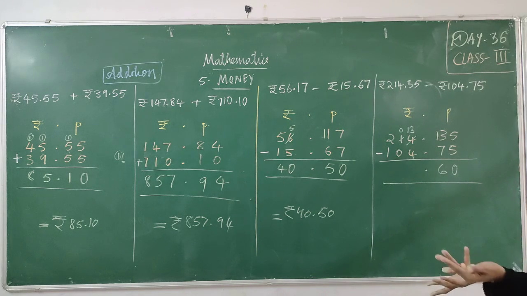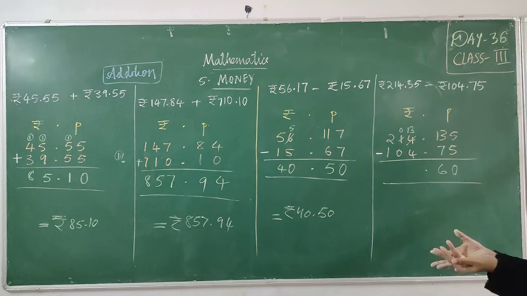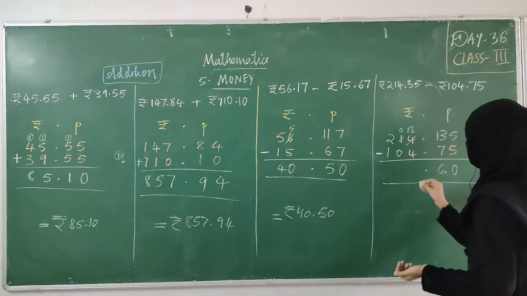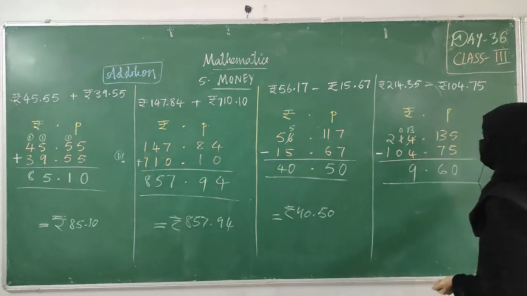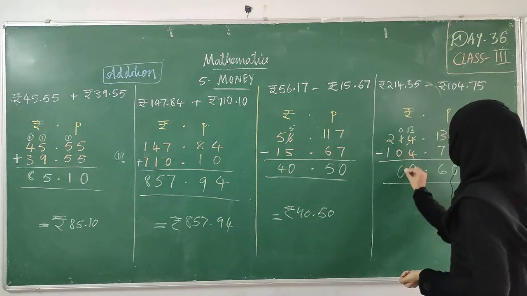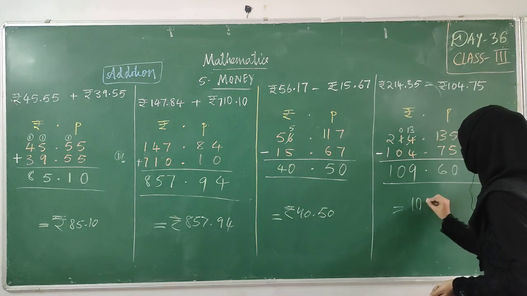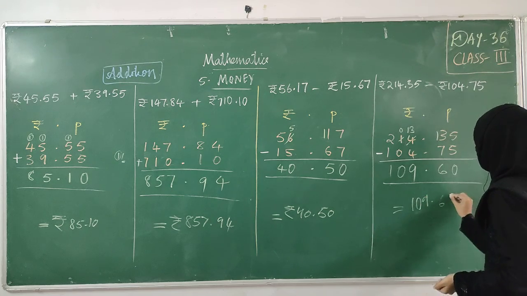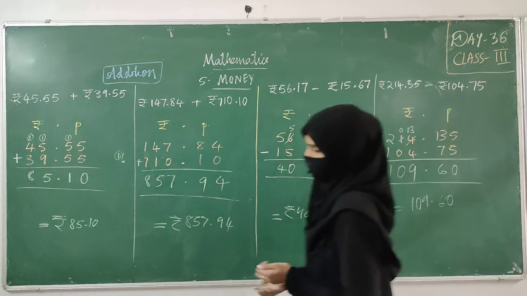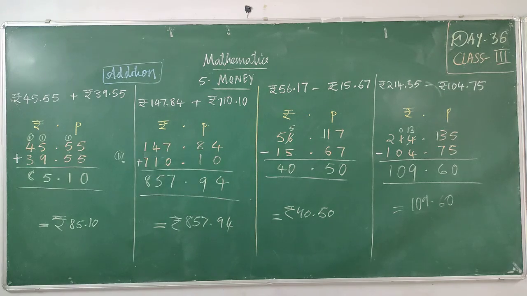I'm holding chalk, that's why it's very difficult to take out the fingers. So the number is 9. Now, 0 minus 0, 0. 2 minus 1 will be 1. So your amount after subtraction is 109.60 paisa.